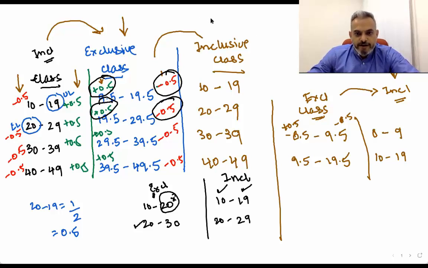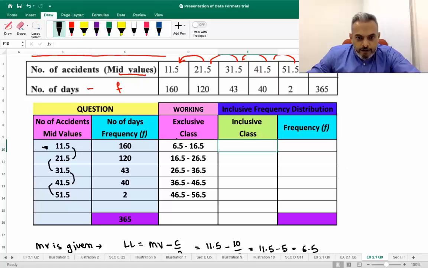So similarly, over here in this sum, we add 0.5 everywhere to the lower limit, and from the upper limit we subtract 0.5.